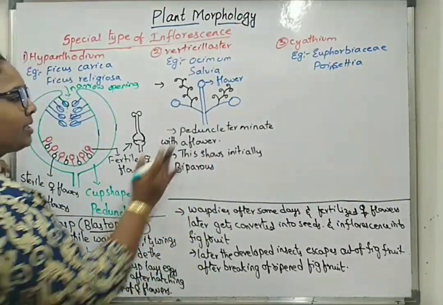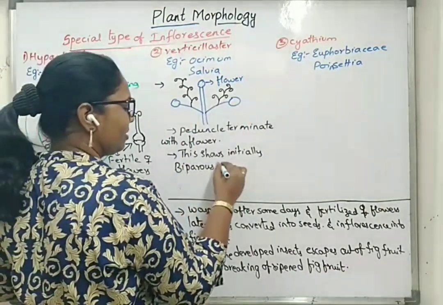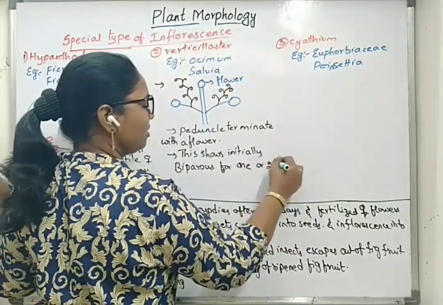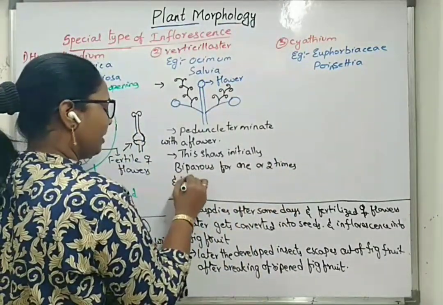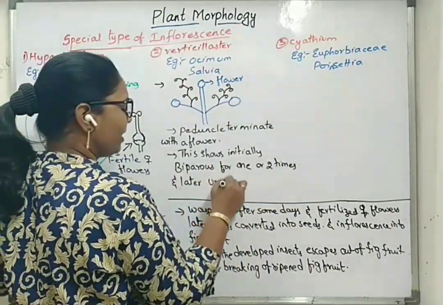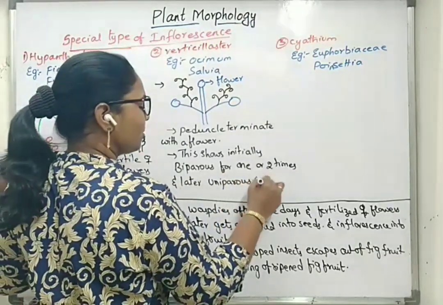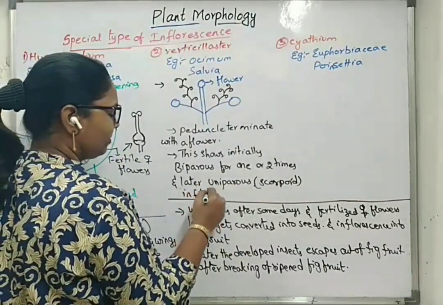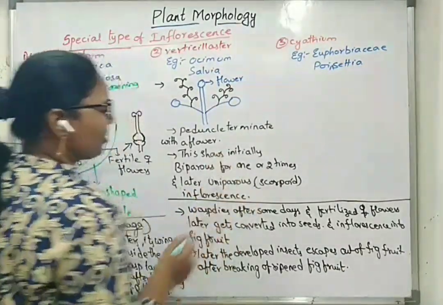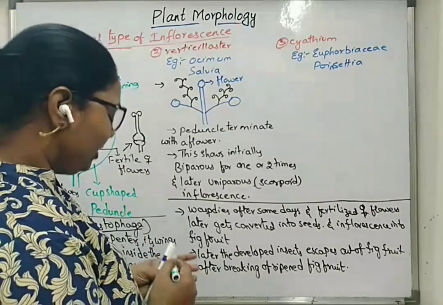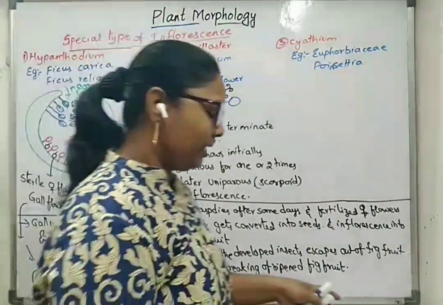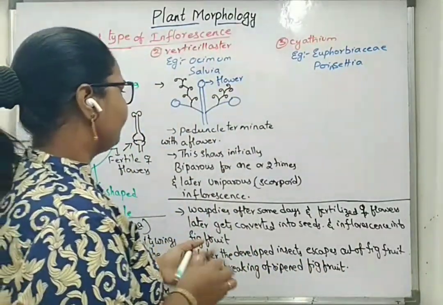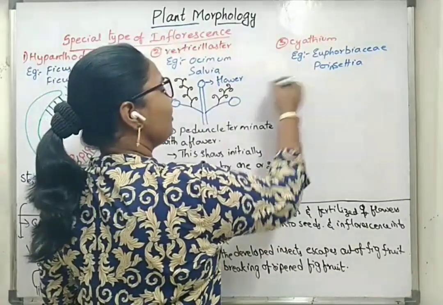Biparous means giving rise to two lateral branches for one or two times, and later uniparous scorpioid inflorescence. So this type of Verticellaster inflorescence is seen in case of Ocimum and Salvia. Next, Cyathium type of inflorescence.